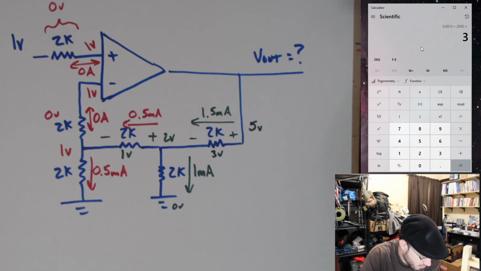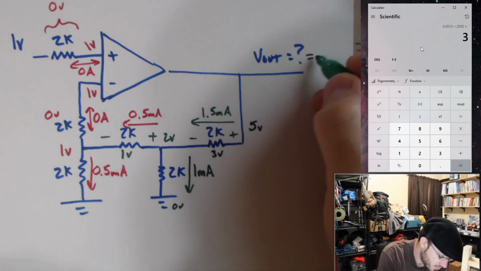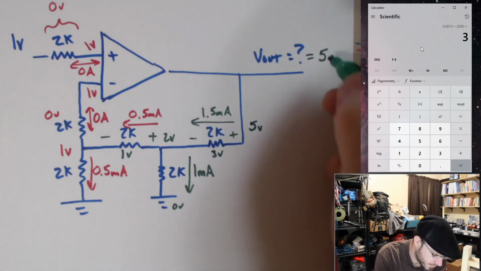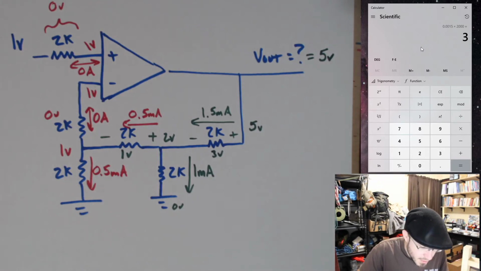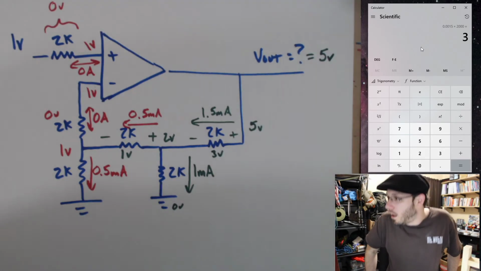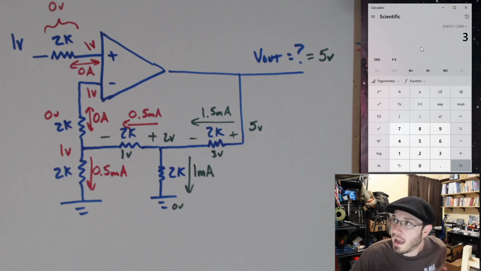Okay. So looks like with an input of 1 volt, I get 5 volts out.